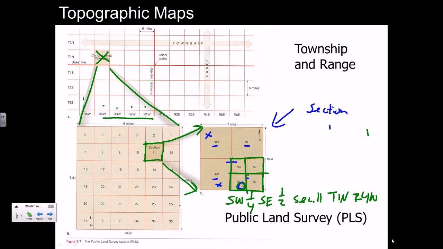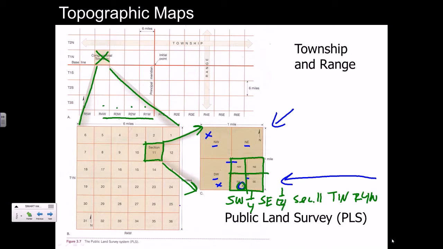So that's the whole measurement written out in the order that it should be written out in. So always going from the larger area, which is 6 miles by 6 miles, and getting smaller to our left. So we get to a quarter, or to the first. I wrote a half there, but it should be quarter, and then another quarter in the southwest quarter.